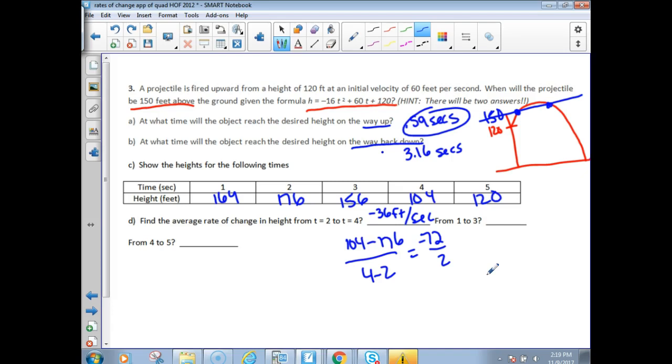What number's 3? Oh, this isn't 120, it was 20, wasn't it? Let me fix that. At 5 seconds, it was 20 feet high. That didn't make any sense to have it going back up. All right, what do we got from 1 to 3 seconds? Are you guys getting -4?